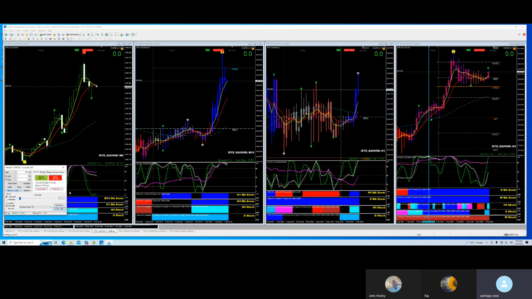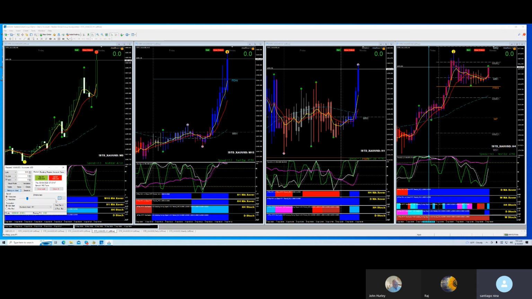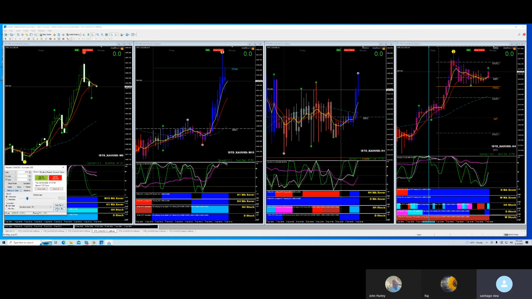This was a large spike. Okay, missed it again. It's just spiking. I'm trying to see if this is.